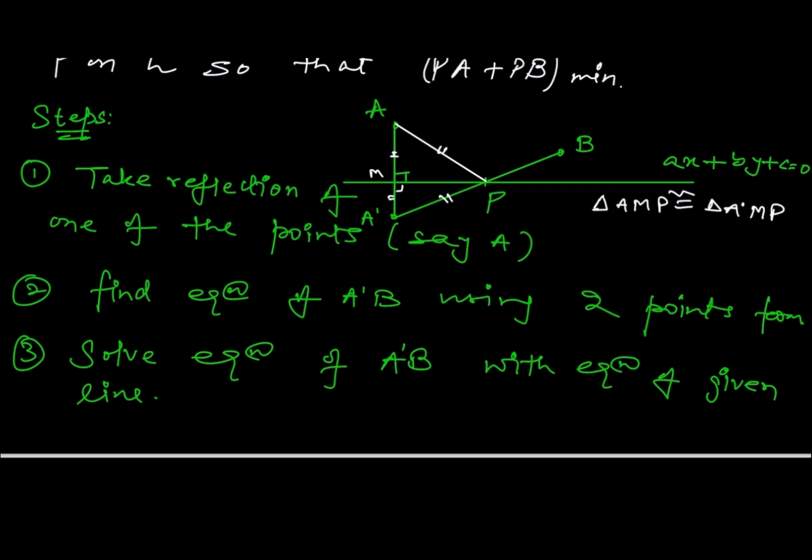So if we are finding AP plus PB minimum, it implies we are finding A dash P plus PB minimum, and this is the only case when A dash P and B are collinear. So if P is here, then A dash P and B are collinear.